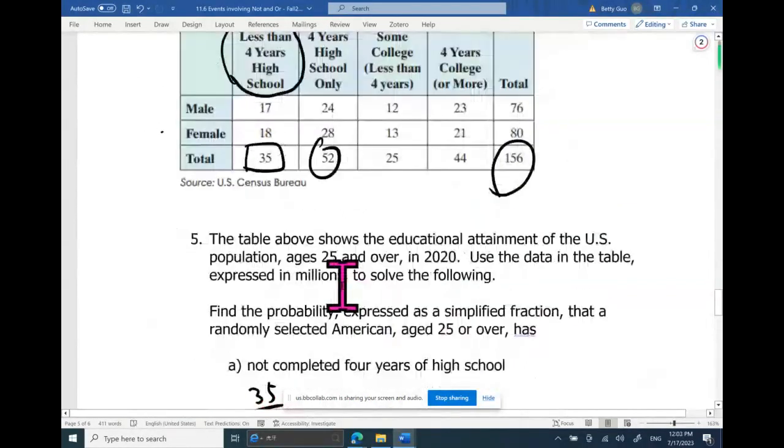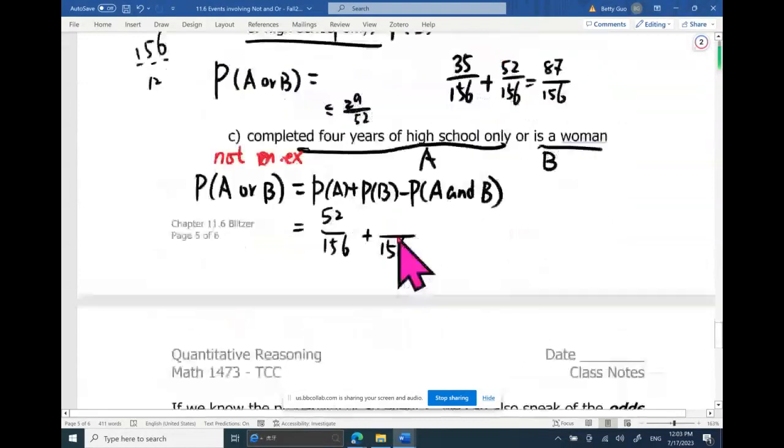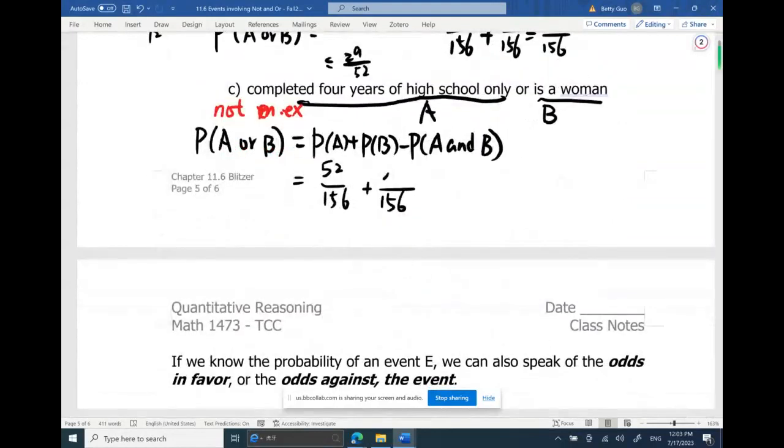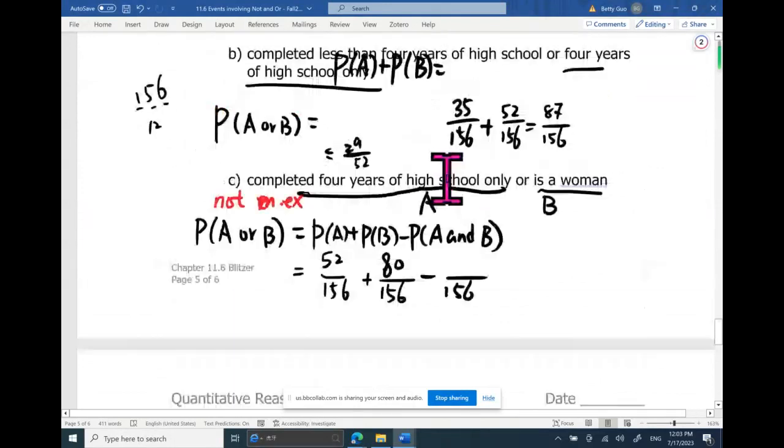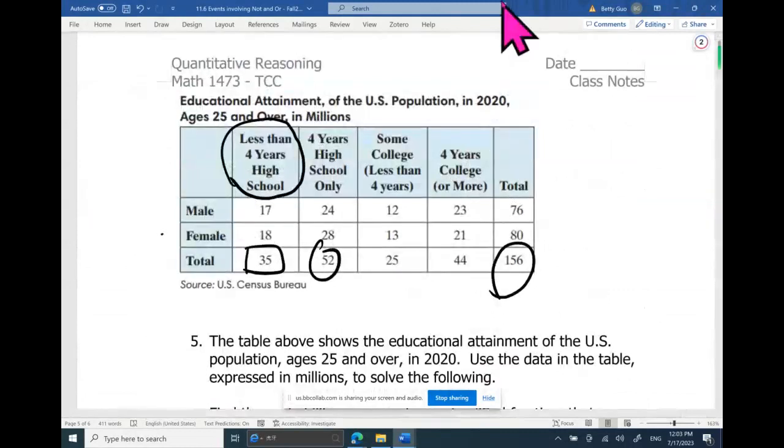Among the 156 million people surveyed, 80 million are female, so 80 is the numerator. Minus the probability of A and B. Randomly select a person, and the person is a woman, and high school only.